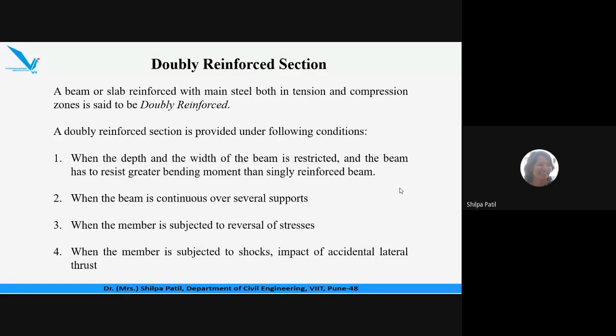Now, why do we need such sections? We have to provide doubly reinforced sections in certain situations, like when the depth and the width of the beam are restricted and the beam has to resist greater bending moment than the singly reinforced beam. If you recall the expression for MUR, the ultimate moment of resistance, it consists of the area of steel term, AST, and also other parameters like depth and width of the beam.